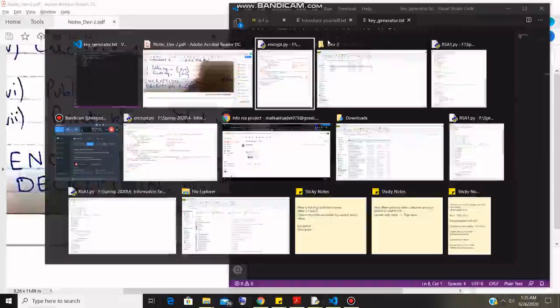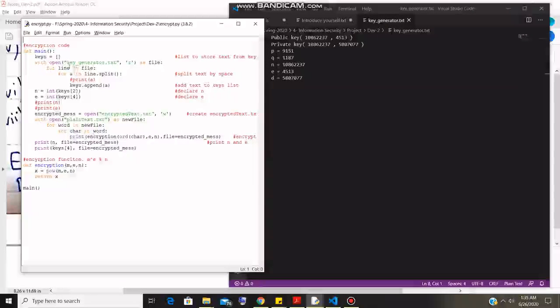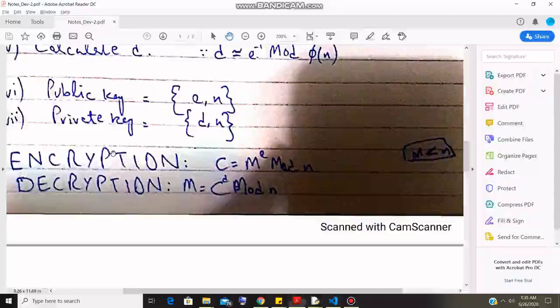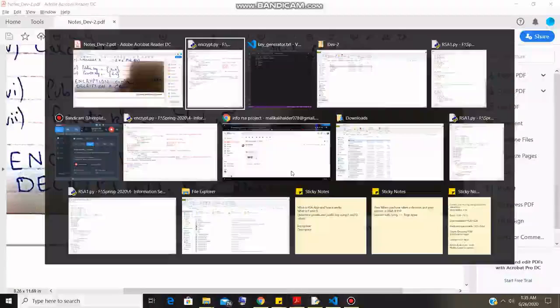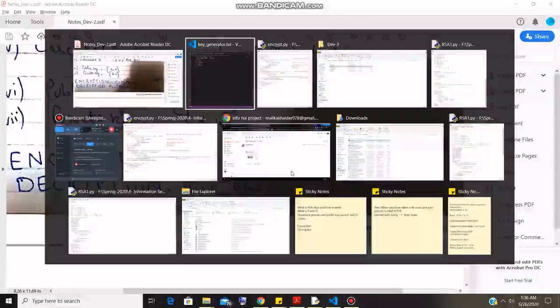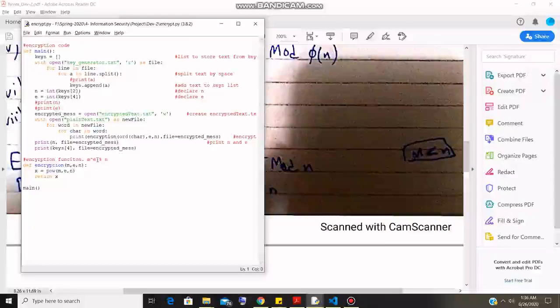We are going to take both n and e values and use them here in our encryption function using the same formula: m raised to power e mod of n.